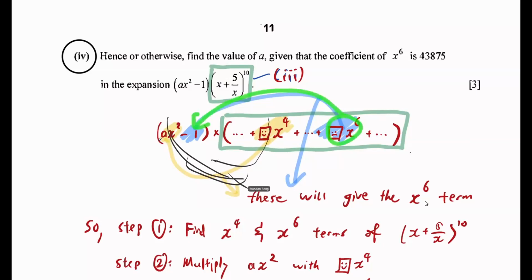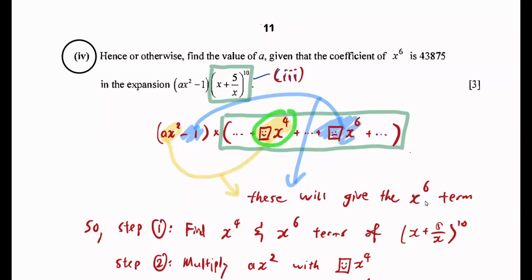Instead of just blue times blue, you need the yellow times the yellow, right? You need to find x power 4 from the green color expression, which is the x plus 5 over x power 10, and multiply by the ax squared. Then from there, you can get your x power 6. Okay? So besides these two terms, there's no other terms I need to care about.